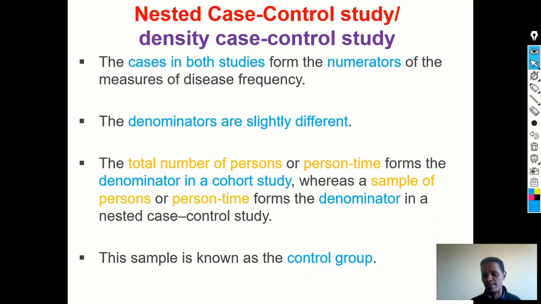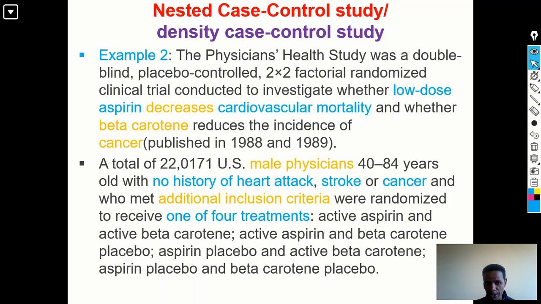That is the slight difference, because we take random controls rather than taking all the healthy individuals. So this sample is known as the control group. That is how a nested case control study design could be conducted within a defined cohort.